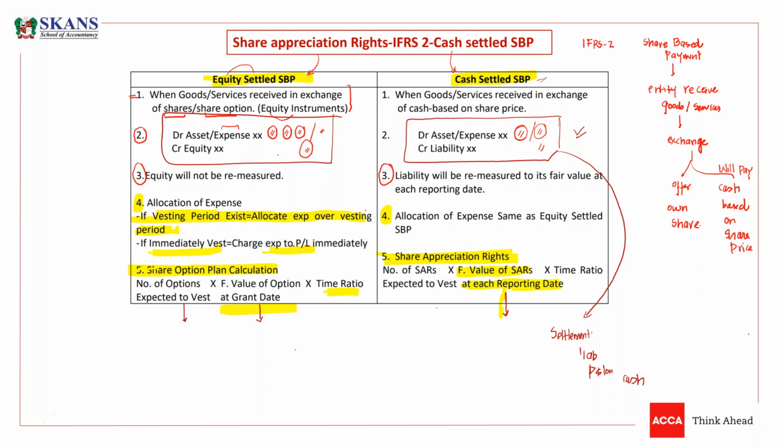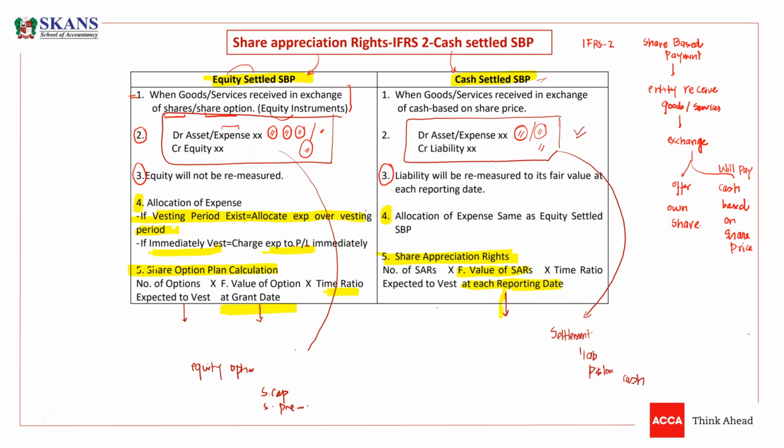And here you have to pay shares. If you have to pay shares, then what will happen, guys? What we need to do is, usually we write it equity options. So we will debit equity options initially, and then ultimately you are going to credit share capital and share premium.